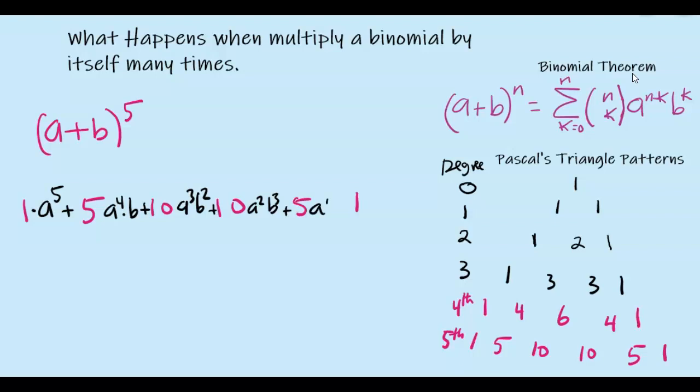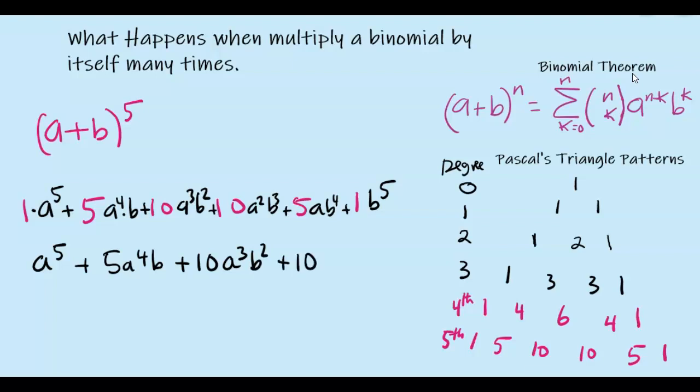A will take 1, B will take 4, you bring your plus, and B will take all. And that will give us A to the power of 5 plus 5A^4B plus 10A^3B^2 plus 10A^2B^3 plus B to the power of 5. And we are done.